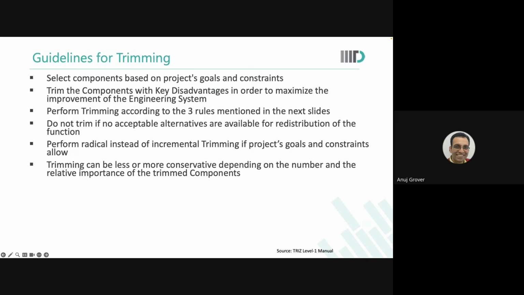First, select components based on project's goals and constraints. Your entire function model has to be built based on project goals and constraints. Say your project goal is that you have to reduce cost, or reduce water wastage, so you have to minimize consumption of water or whatever.